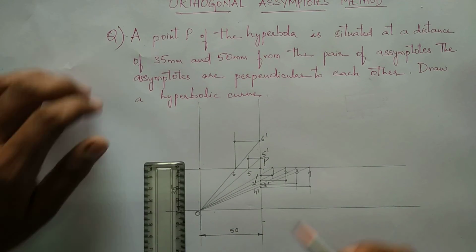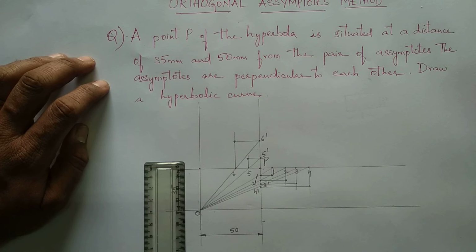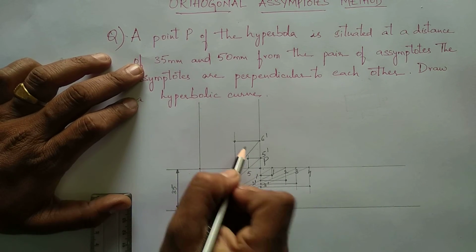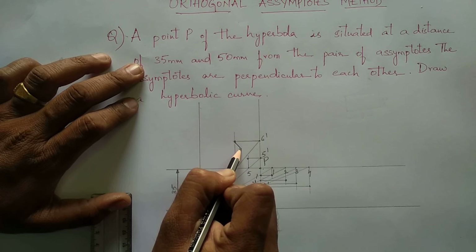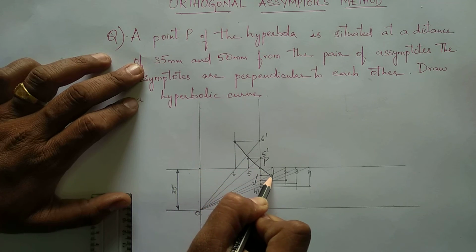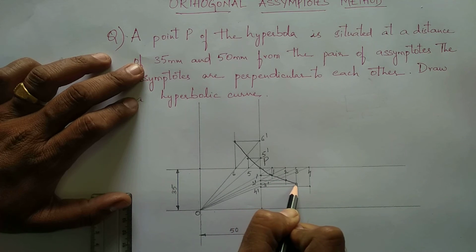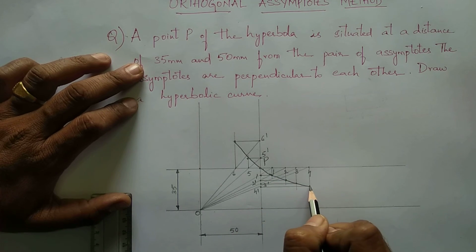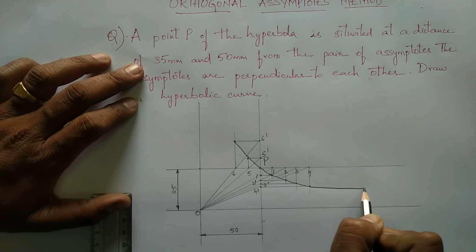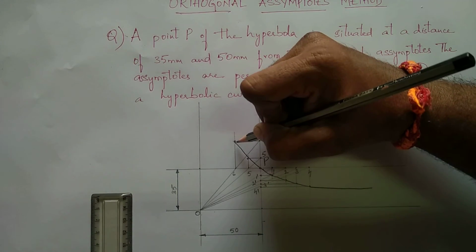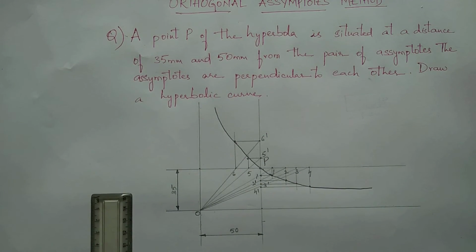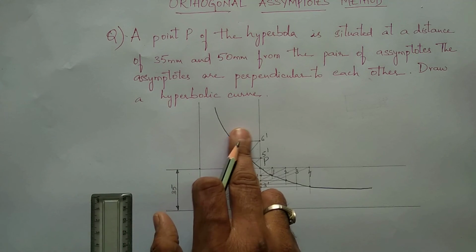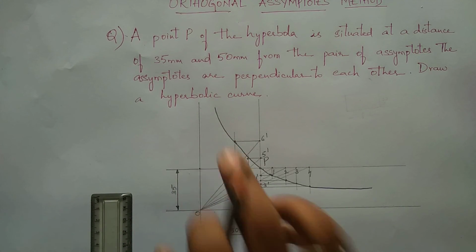Now, using an HB pencil, draw the curve joining these points. If required, you can extend this curve further upwards, such that the curve will not touch the asymptote.